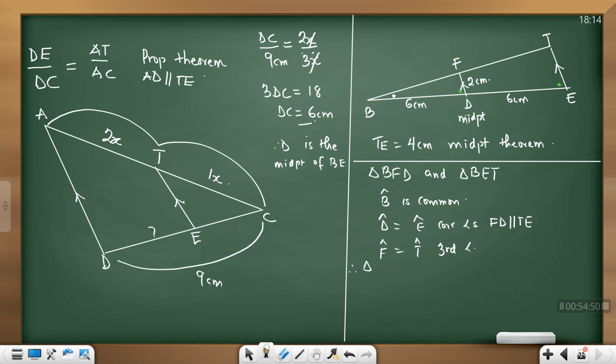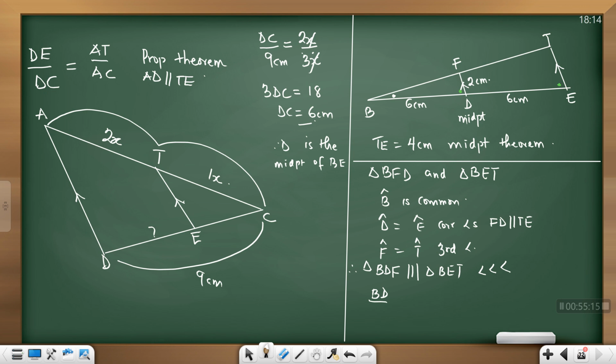triangle what? Order. B, D, F is similar, because I used angles, to triangle what? B, E, T. If that's the case, can I write my ratios immediately? Oh, what's your reason here? Angle, angle, angle. What do I have?